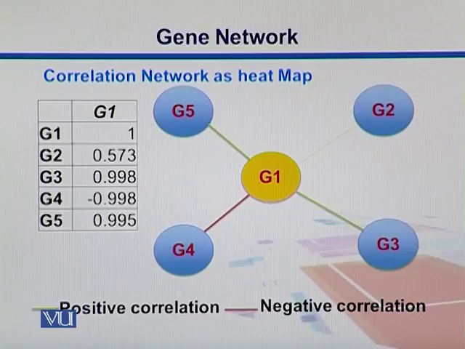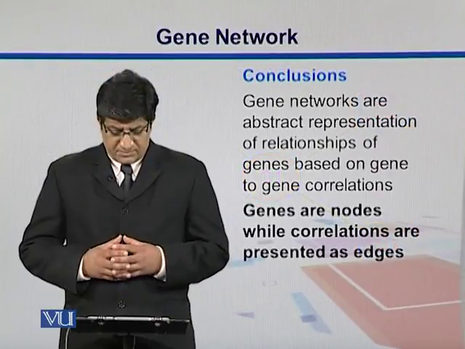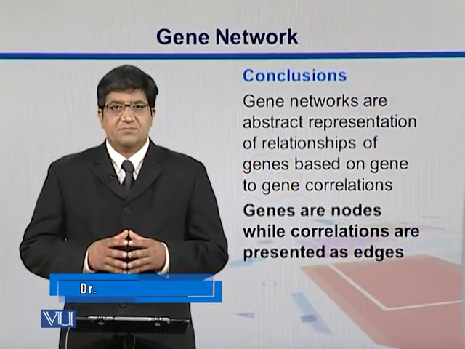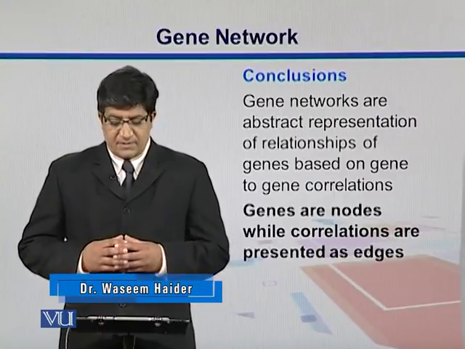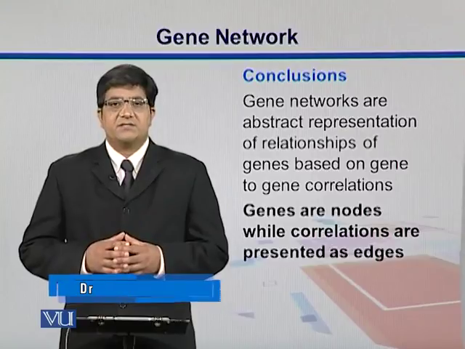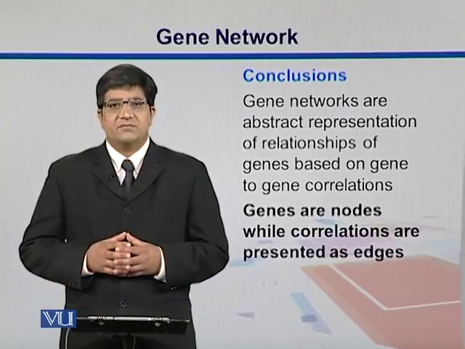In this way we can put them together in the shape of a network where we have those nodes, the genes, and the edges, or connections between them, representing their correlation values. So gene networks are abstract representations of relationships of the genes based upon their gene-to-gene correlations, and in these networks the genes are your nodes, whereas those correlations are your edges.